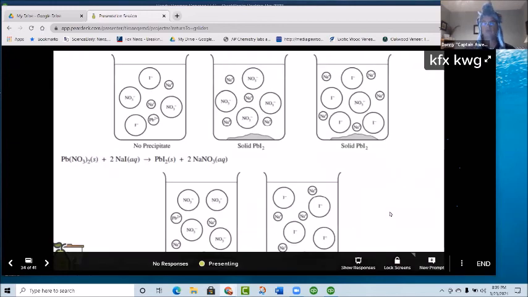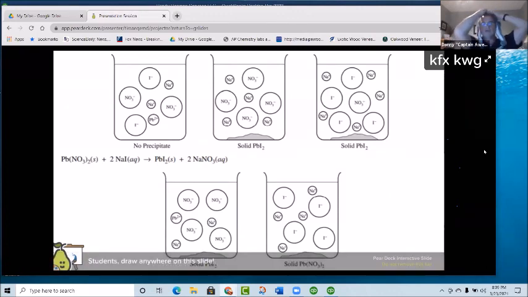All right, so we'll end on this one. I'm going to get y'all to basically pick the one, draw anywhere on the slide. I want you to circle the one that looks like it's the right drawing that goes together with that equation. Part of this is solutions, and I know I didn't spend a lot of time on solutions, but trust me, you're going to be doing so many labs and you're doing acid-base, equilibrium and stuff.